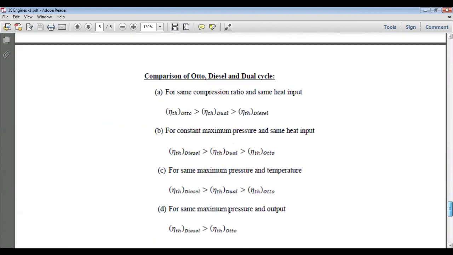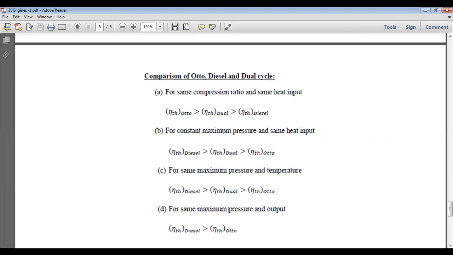Okay, now last, this one, the comparison as per their efficiencies, between the Otto, diesel, and dual cycle. For the first point, for same compression ratio and same heat input, the efficiency of Otto cycle is the highest, then dual, then diesel.